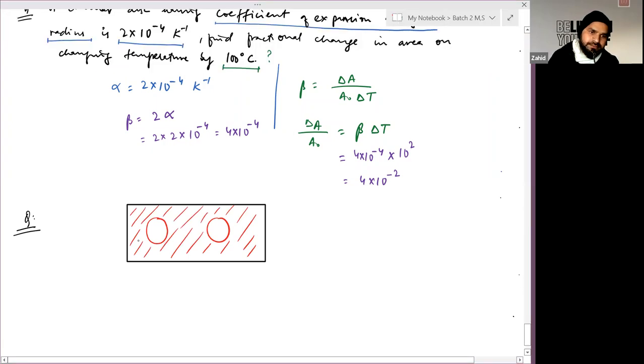Let's say there are points A, B, C, and D at some initial temperature T0.